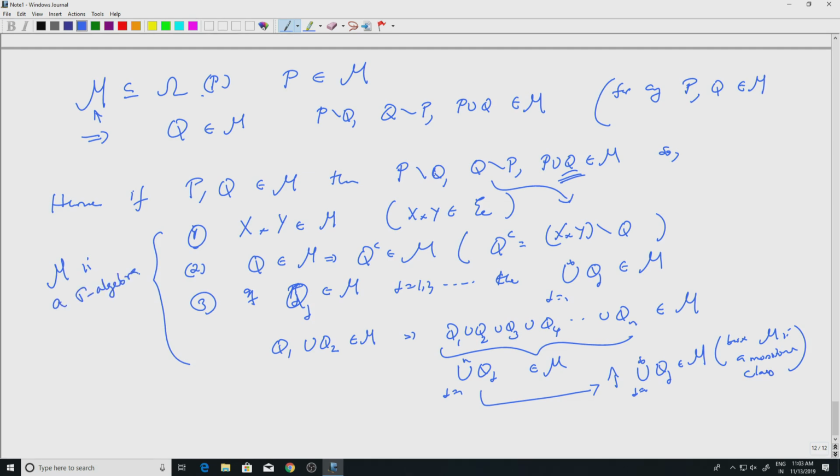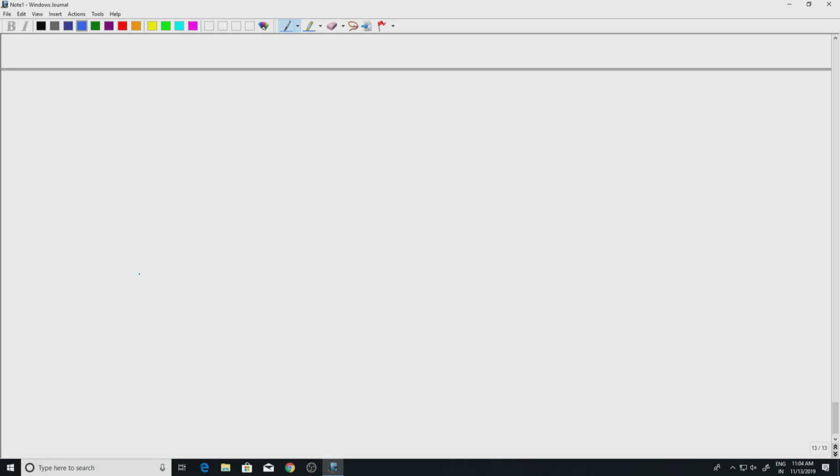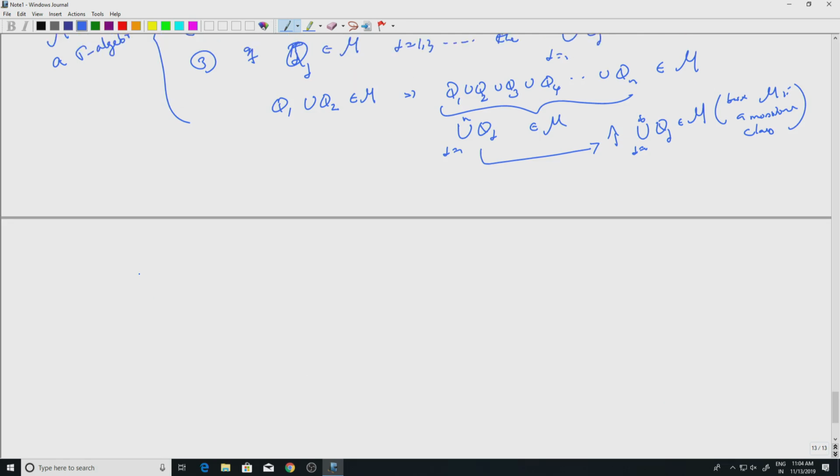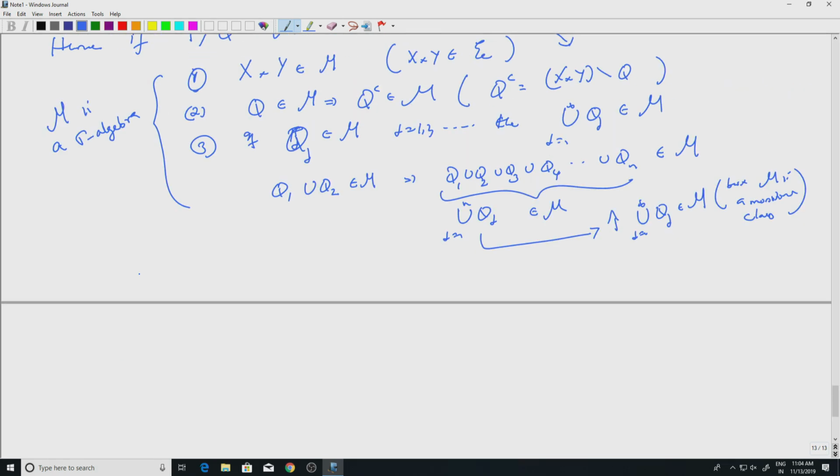This is something you should understand. Monotone class need not be a sigma algebra. It became a sigma algebra because it contained the elementary sets. So we have script E contained in script M, this is the smallest monotone class containing script E, but we have just proved that this is a sigma algebra.